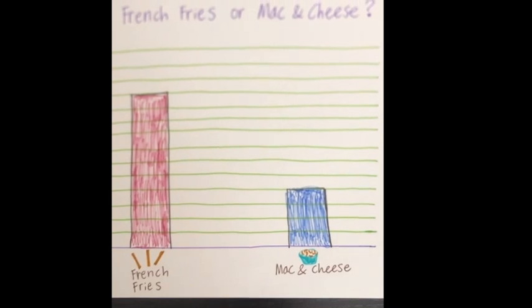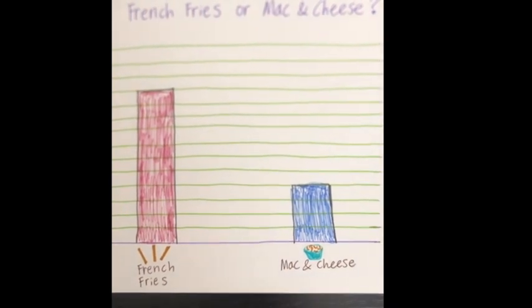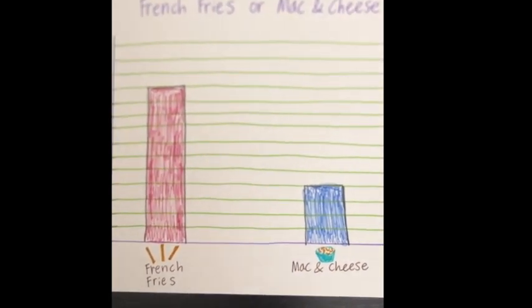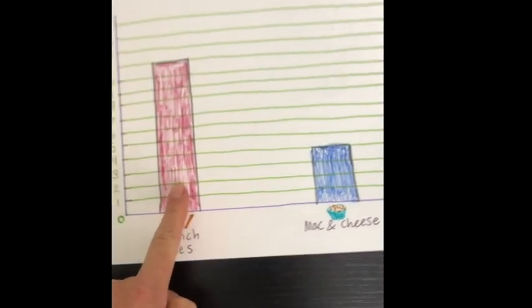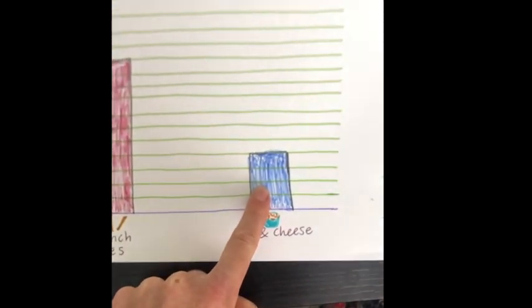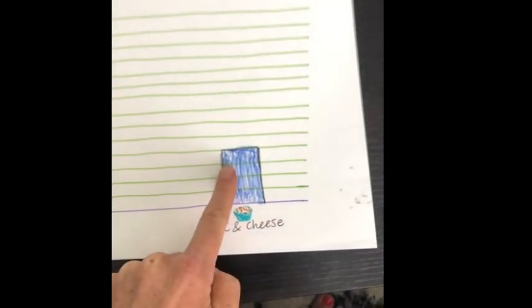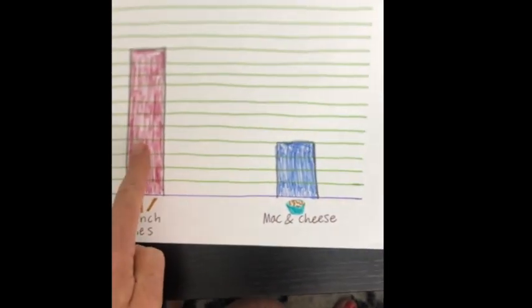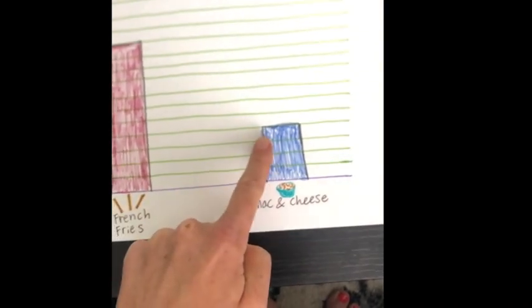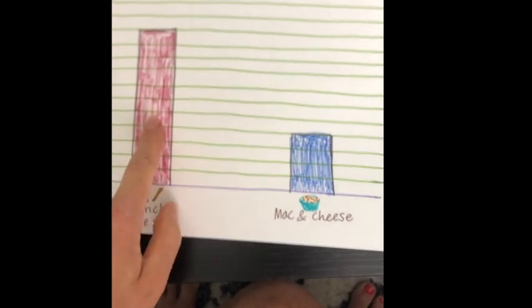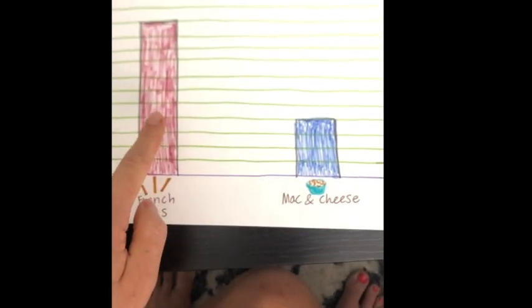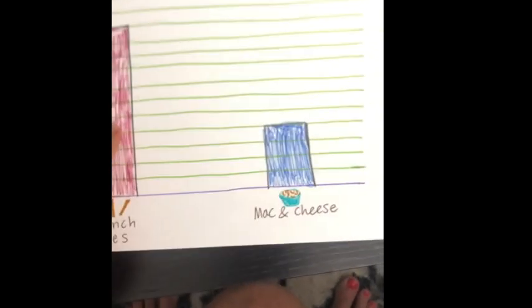So one of them is we can buddy up our bar graphs. So this one has a buddy, this rectangle has a buddy, this rectangle has a buddy, this rectangle has a buddy. This one does not have a buddy, so this is where we count the difference.